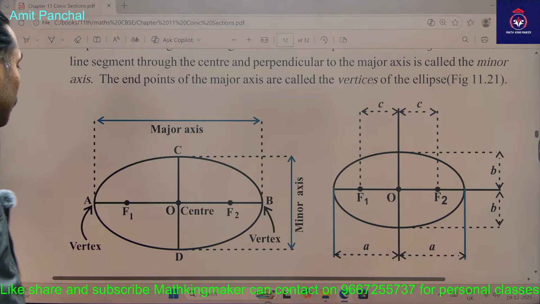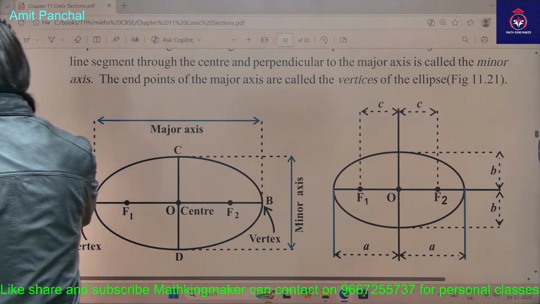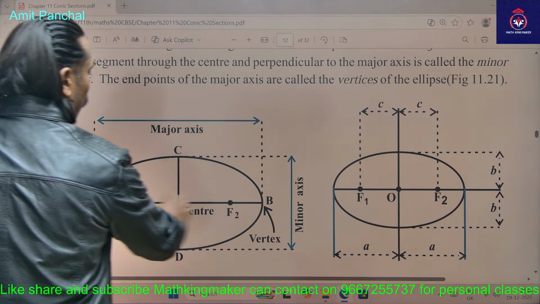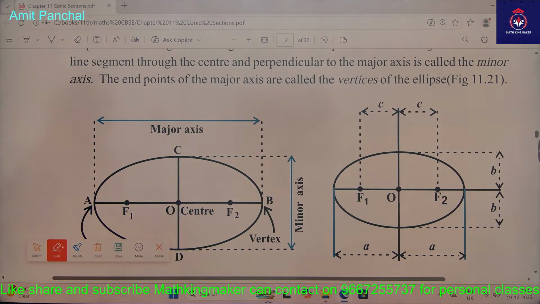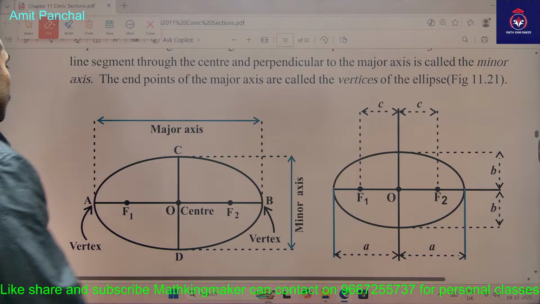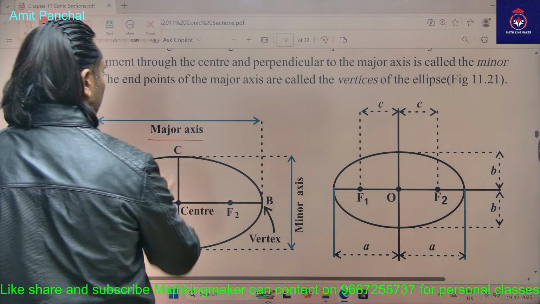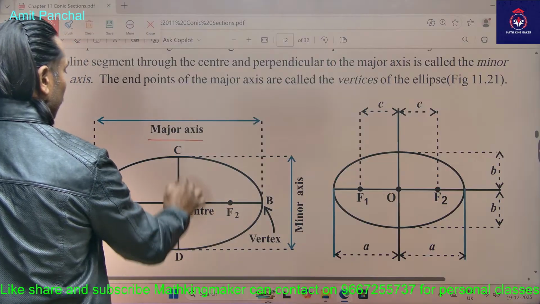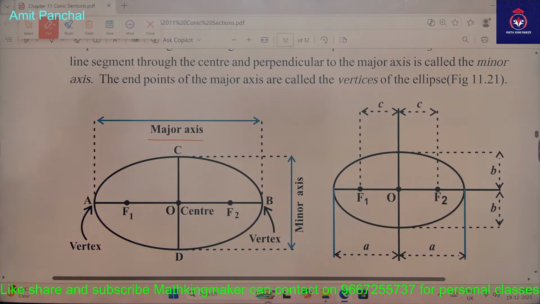You can see here one axis is long, another axis is small. The long one is said to be the major axis, and the smaller one is said to be the minor axis.